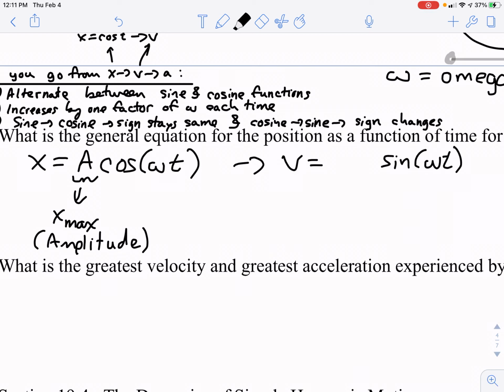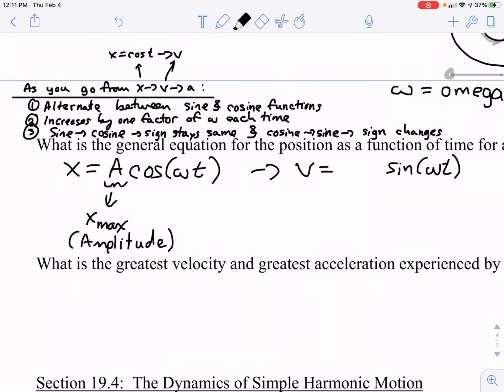Okay, the only thing we did differently is we replaced and alternated from cosine to sine. Now, what's the next one? If we are switching from cosine to sine, you need to change the sign, which means we need to go from positive to negative. Let's place a negative out in front.